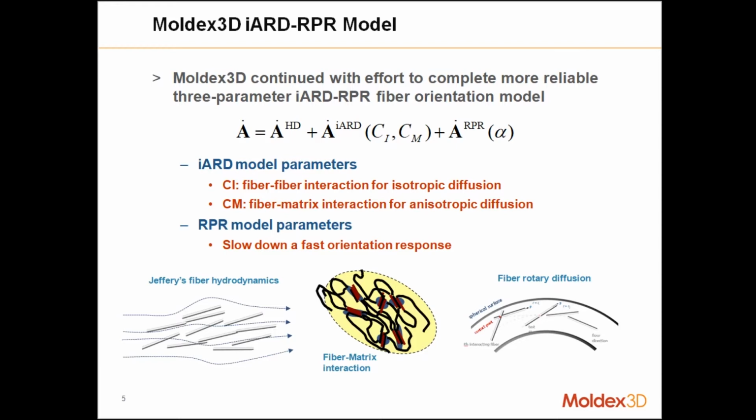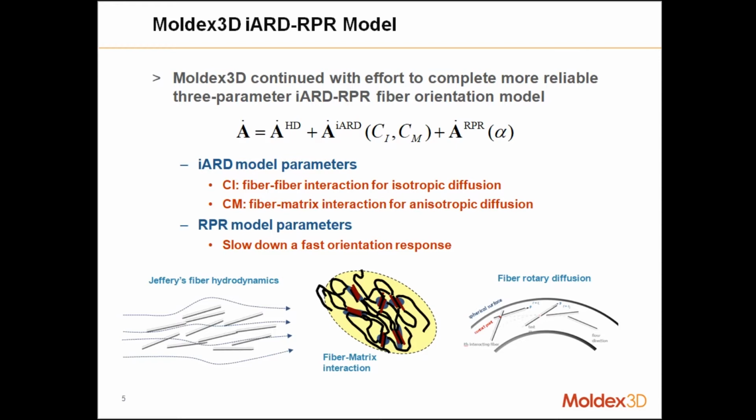In 2013, Moldex3d proposed the 3-parameter iARD-RPR model in a US patent. The iARD model is an improvement of the ARD model, which describes rotary diffusion and includes two parameters, CI and CM.